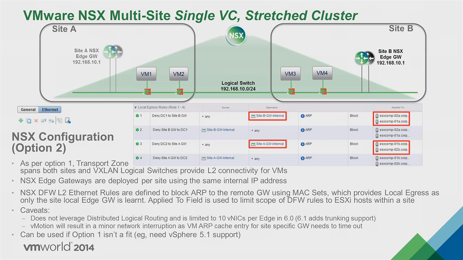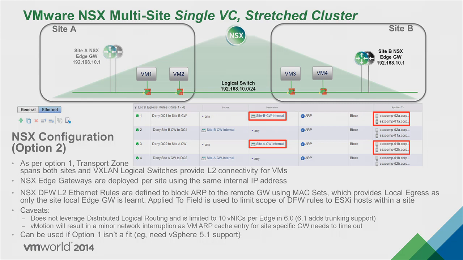In NSX 6.0, there was a limit of 10 VNICs on an edge firewall, which limited scalability. In our upcoming 6.1 release, we removed that limit by enabling VLAN and VXLAN trunking, so technically that 10 NIC limit no longer applies.